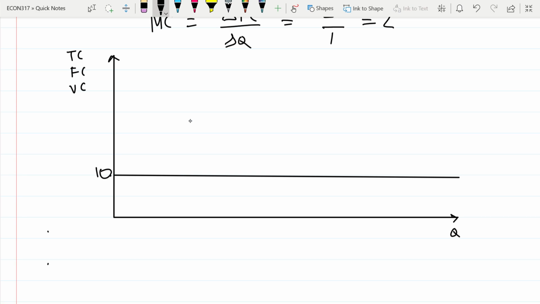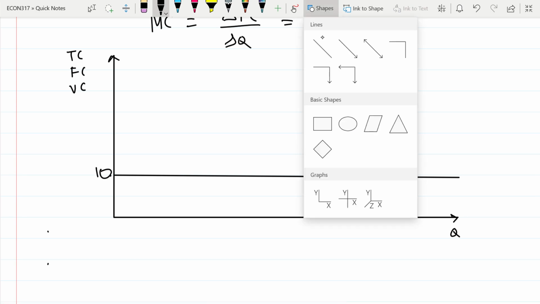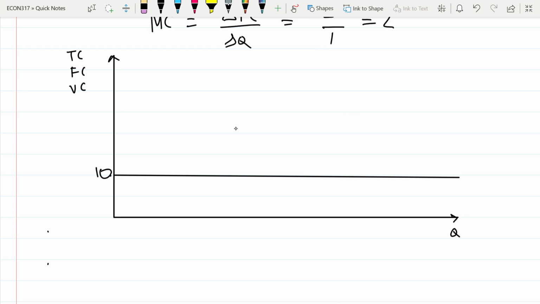And then the variable cost is a straight line with a positive slope of 2Q. So now I will draw my variable cost. It's a straight line with positive slope. That's my variable cost.